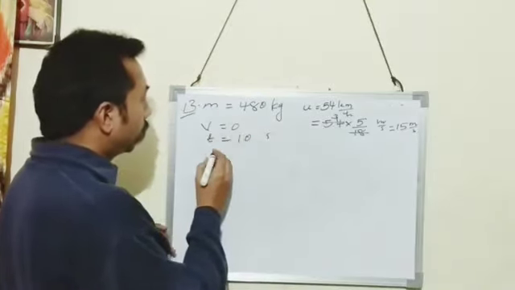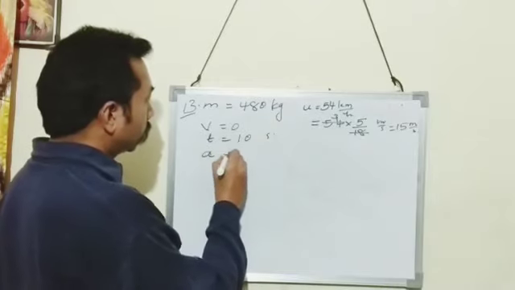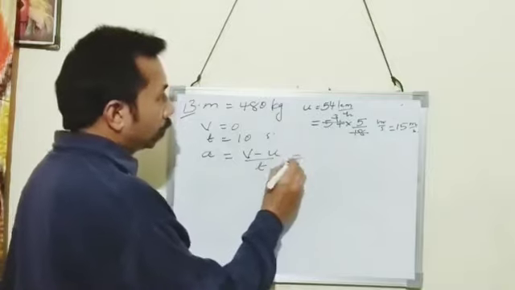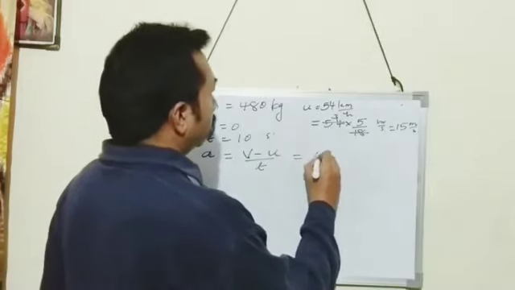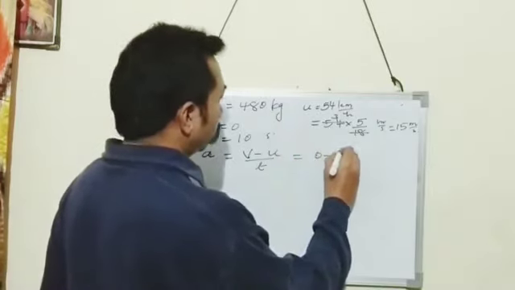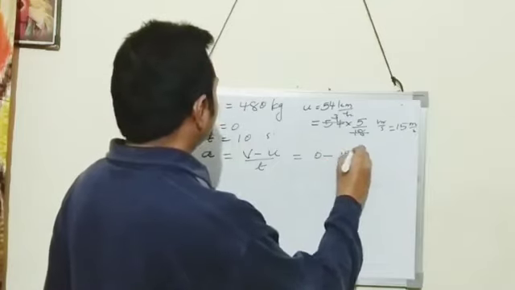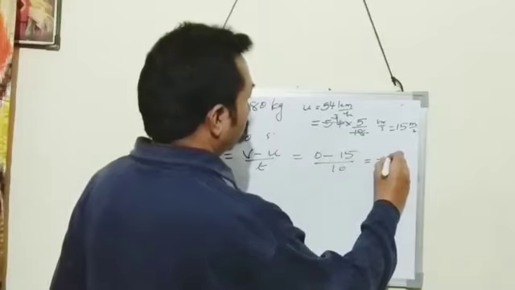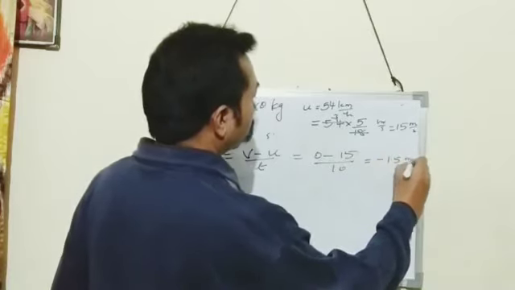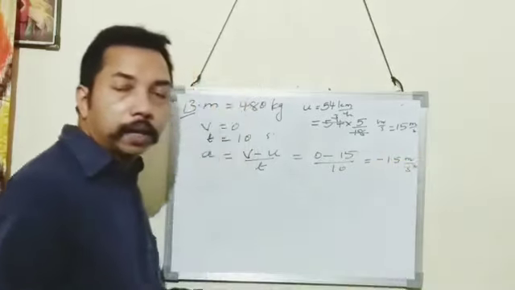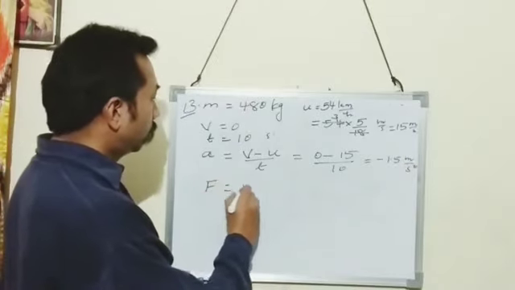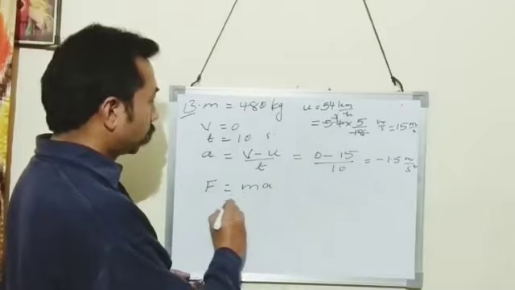So first we find the acceleration, v minus u upon t. So that is 0 minus 15 upon 10. So minus 1.5 meter per second square. So here retardation is produced. Then we have to find the force. Force is equal to mass into acceleration.